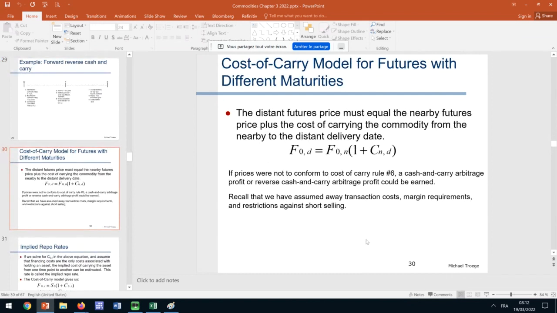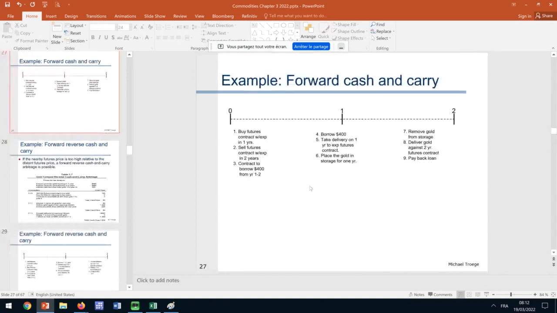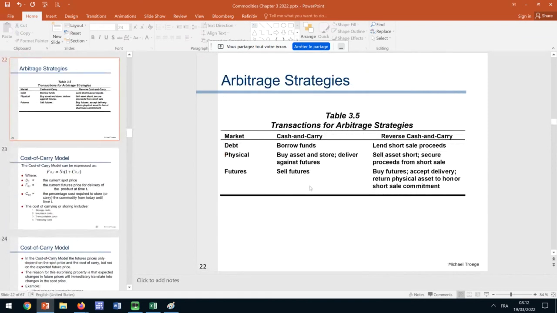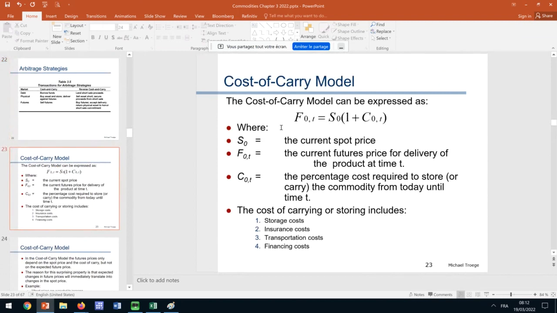Now, mathematically speaking, this is the formula you will get for the relationship between different future prices and also the spot and the future price. From the cash and carry model, you should get this relationship. So the futures price should be simply the spot price plus interest. This is the cost of carry.